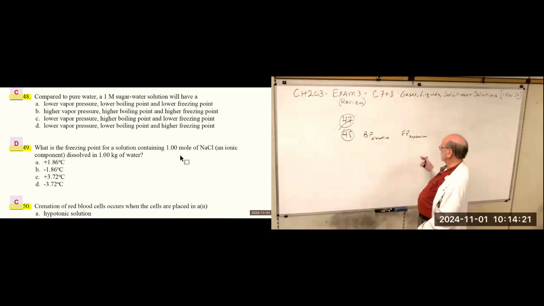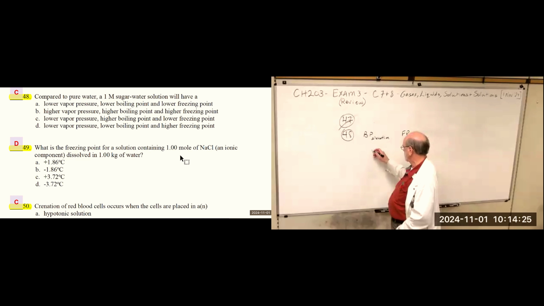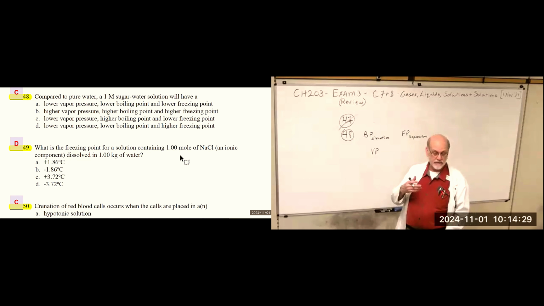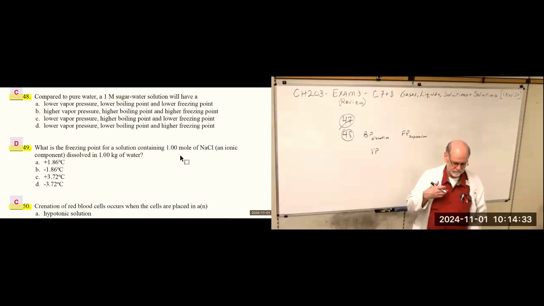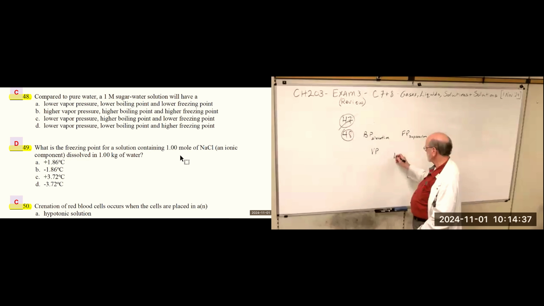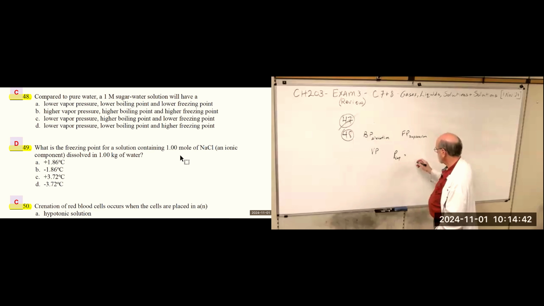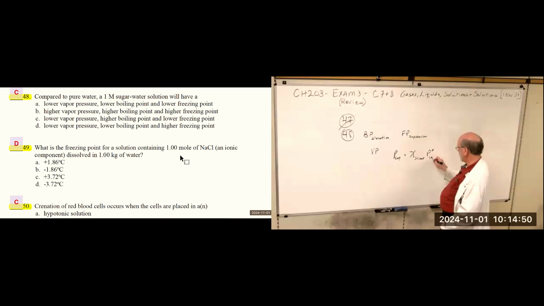Oh, and vapor pressure. Let's see. Vapor pressure. If we add, that's Raoult's law. Raoult's law says the actual pressure equals the mole fraction of the solvent times its standard vapor pressure.